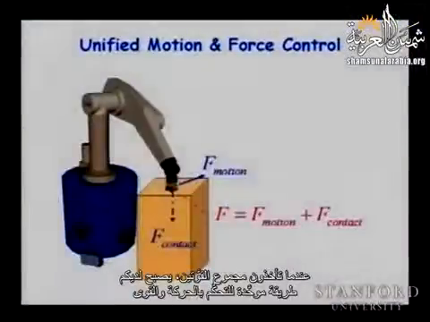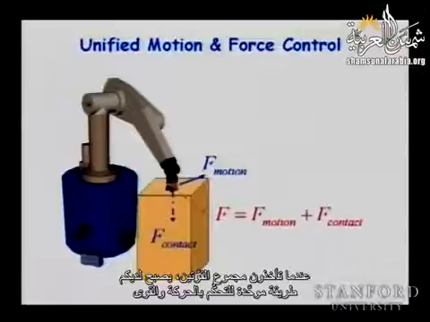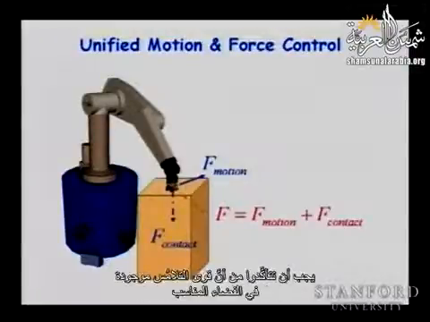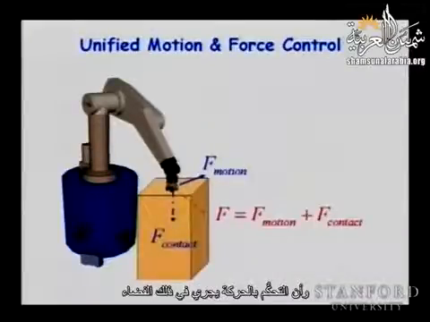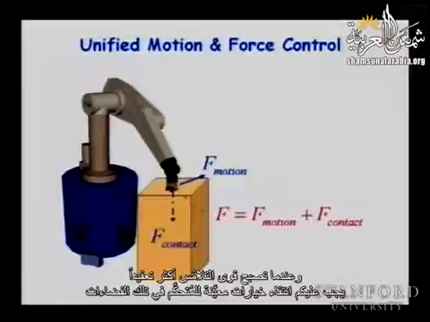You take the sum of the two, and now you have a unified way to control both motion and forces. You have to make sure that your contact forces are in the proper space. That is, in this case, the vertical directions, and your motion control is in that space. And when you go to more complex contact, you have to do some selection and project your controllers in those spaces.